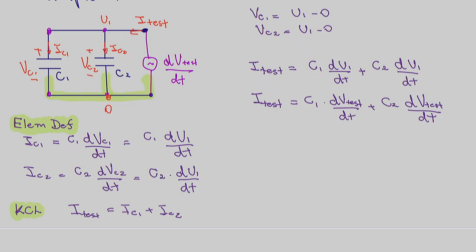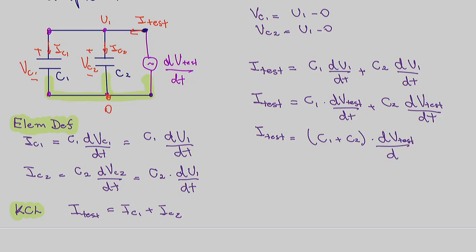If you isolate dV test dt and I test, what do you get? You get I test equals C1 plus C2 times dV test dt.